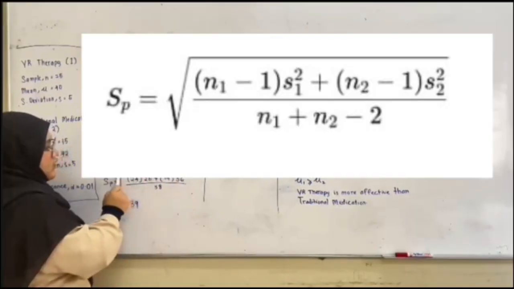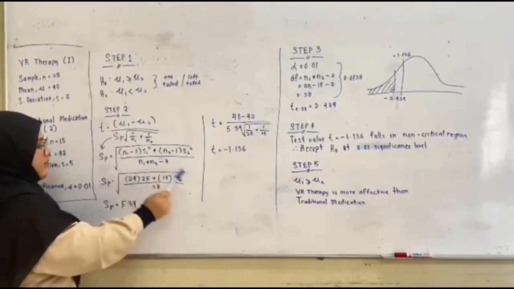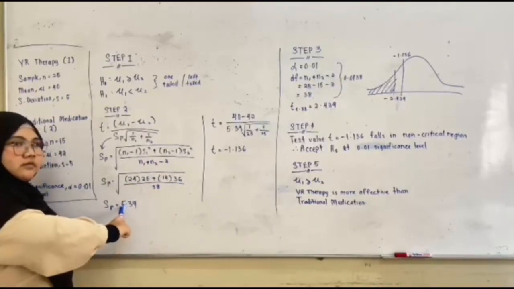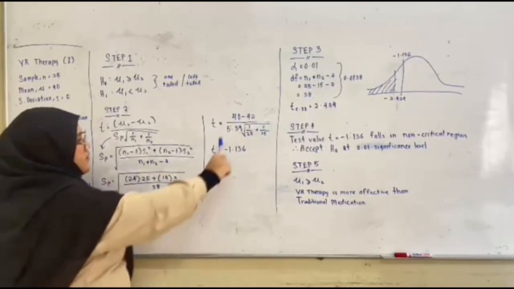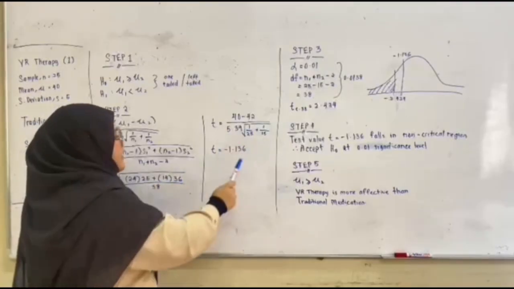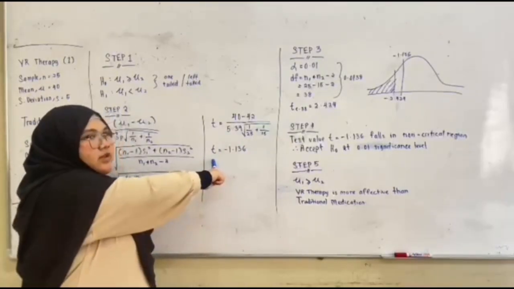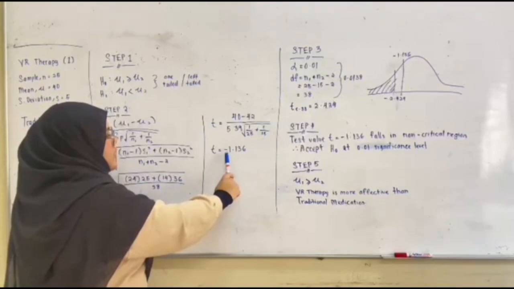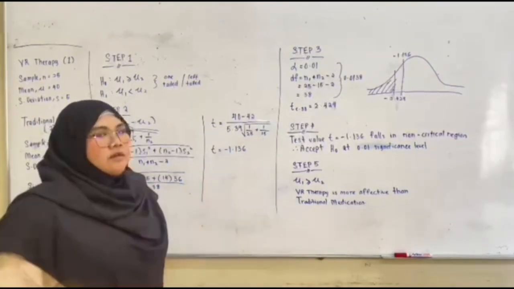Sp is equal to the square root of N1 minus 1 times S1 squared plus N2 minus 1 times S2 squared over N1 plus N2 minus 2. Then we put the numbers into the formula and get 5.39 for Sp. Then we put in Sp and the other numbers in the formula and we get the answer. The answer is negative 1.136.